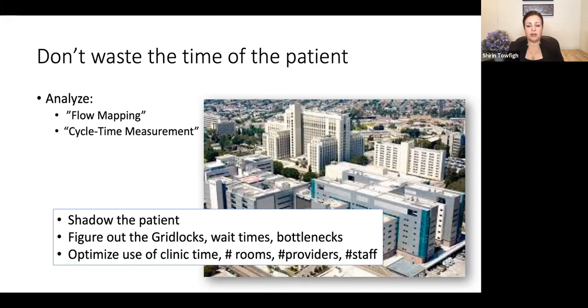We would figure out exactly how many rooms needed to be assigned for what clinic, how many attendings and how many residents should be coming to another clinic, and how many nurses you need for another clinic. All of those were optimized with a really cool system so that we could taper down all these wacky clinics.